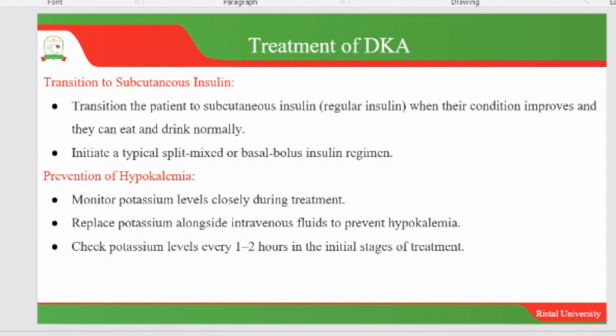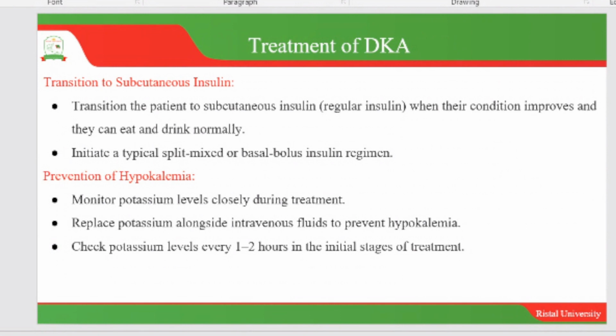When the patient stabilizes, then we can transfer the patient to the subcutaneous insulin. The patient can even be taught how to administer it himself, so it does not need infusion. Then initiate a typical split mixture or basal bolus insulin regimen.